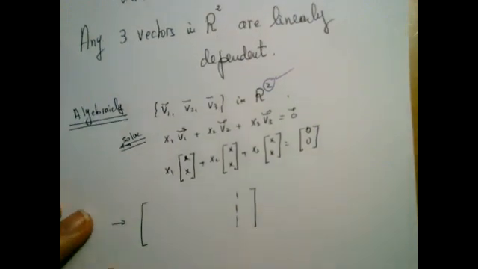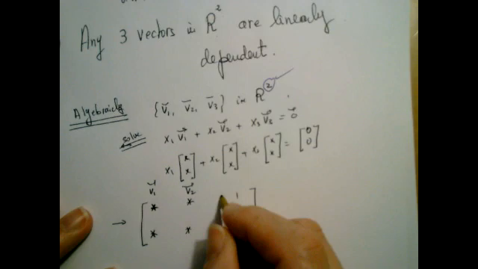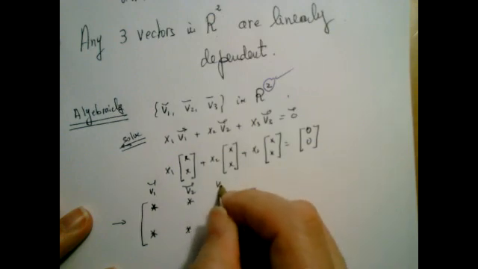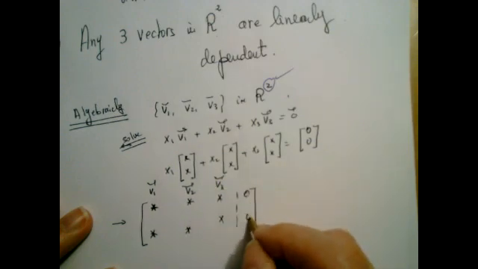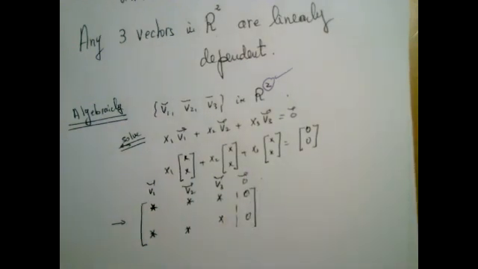So what's going to be the augmented matrix? This is the V1 vector. This is the V2 vector. This is the V3 vector. And this is the 0 vector. That's the augmented matrix.